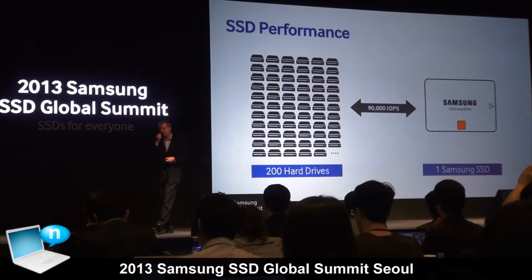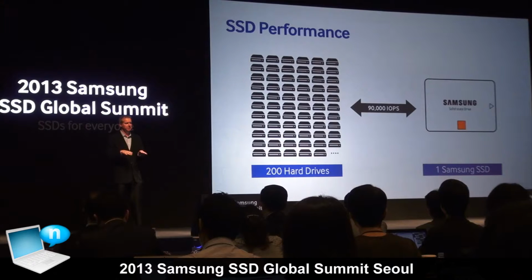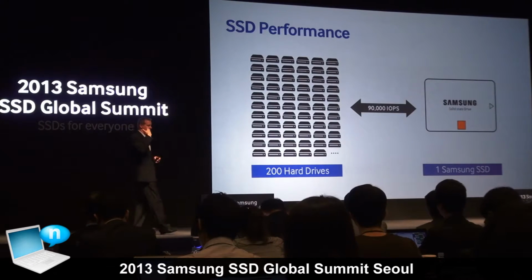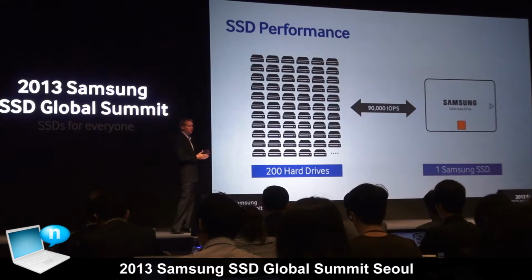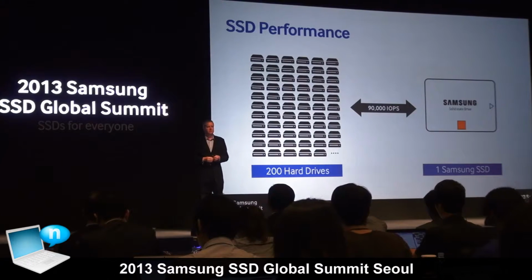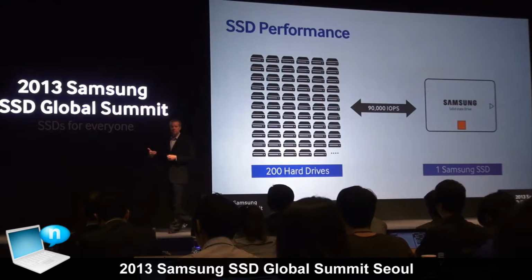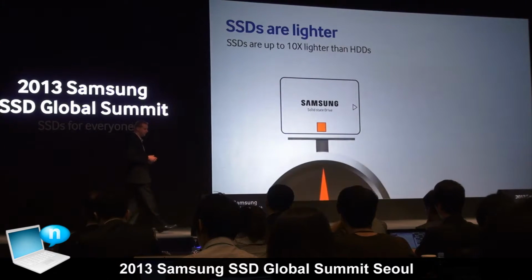In the PC space, you're talking about a 1-to-1 replacement ratio. But think about this in the context of a server or a data center, where you're really after IOPS. You can now replace multiple hard drives with a single SSD. So you have much more robust total cost of ownership calculations as you get into the higher IOPS the SSD has to offer.